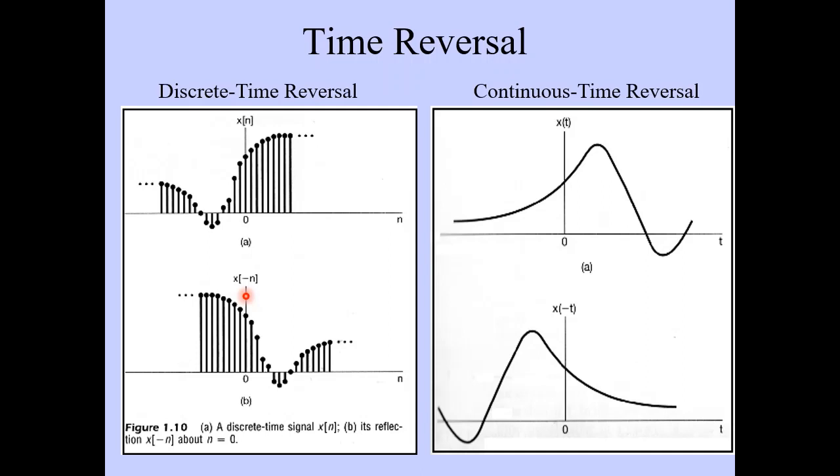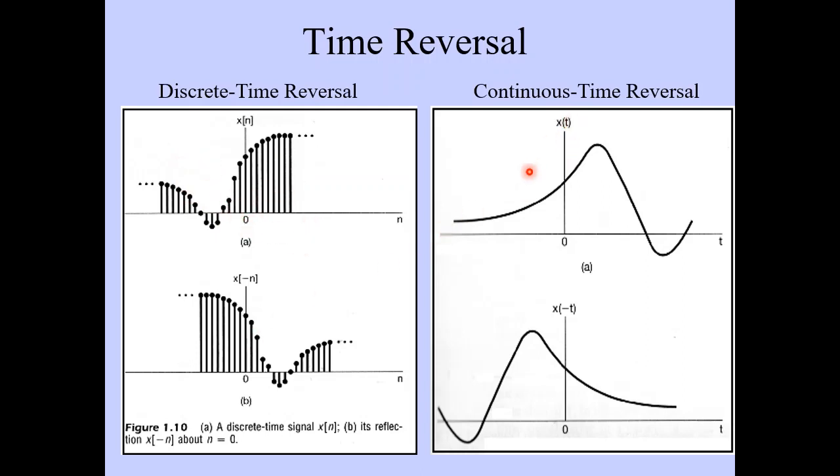This is called a time reversal. It simply flips the sequence about the y-axis. So what was x of 4 up here now becomes x of negative 4 down here. There's almost a mirror image effect.